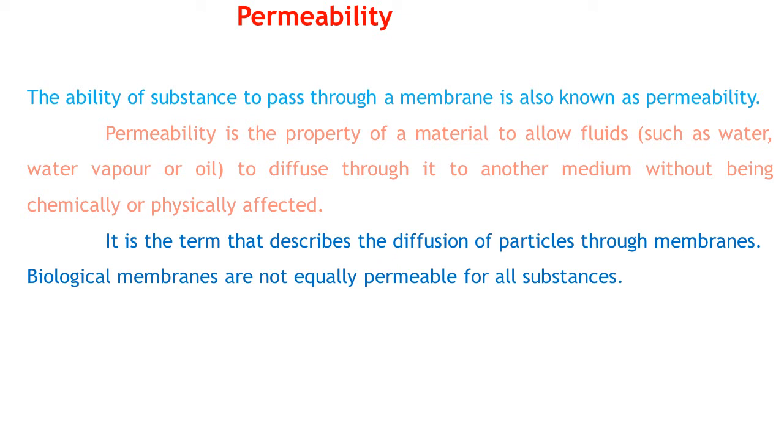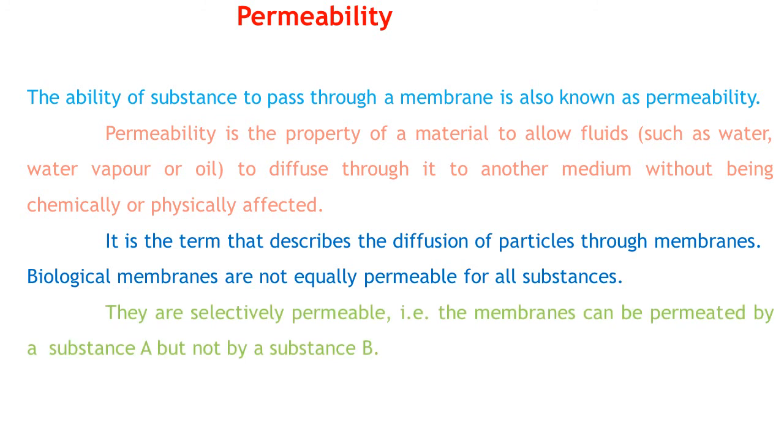It is the term that describes the diffusion of particles through membranes. Biological membranes are not equally permeable for all substances. They are selectively permeable, that is, the membranes can be permeated by a substance A but not by a substance B.